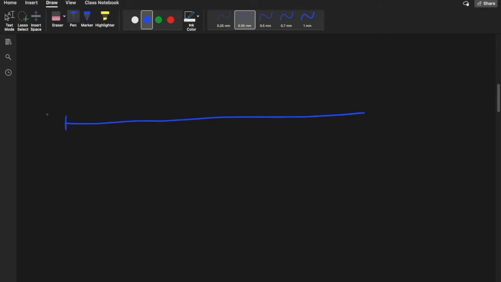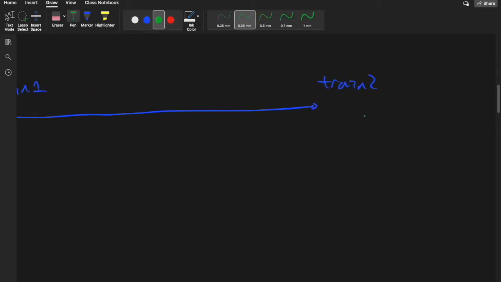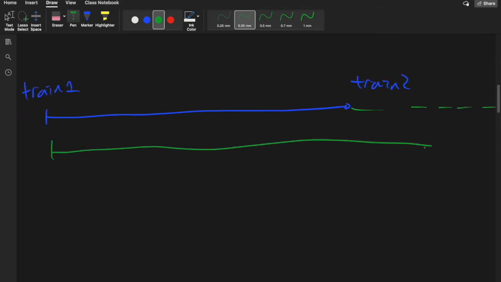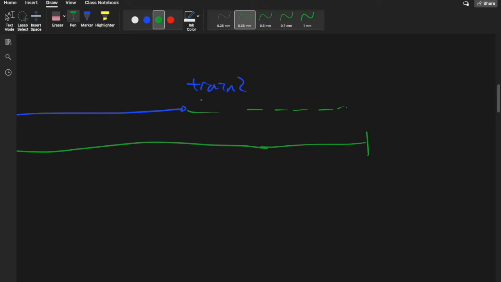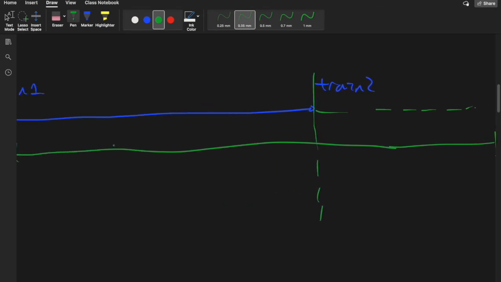So this is train 1, this is train 2. And if they keep moving, here is s, and here will be x. How can we express x?